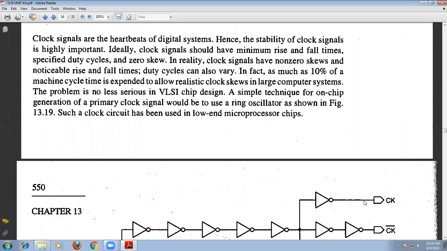The ideal clock signal should have the minimum rise time and fall time. That is the first thing you have to remember.